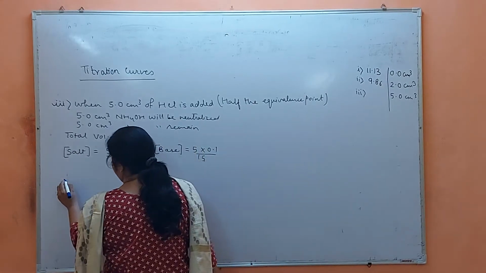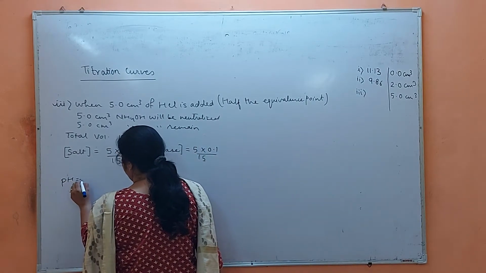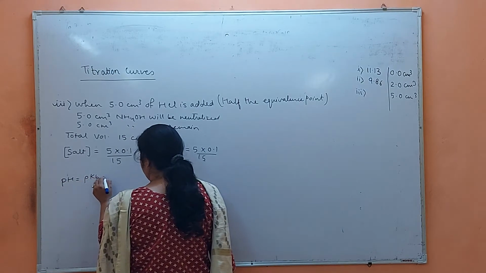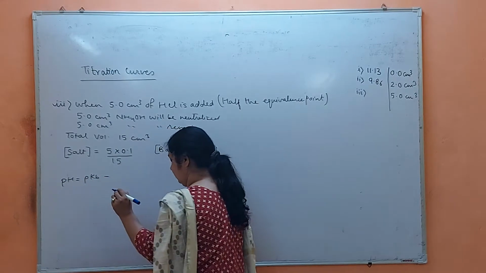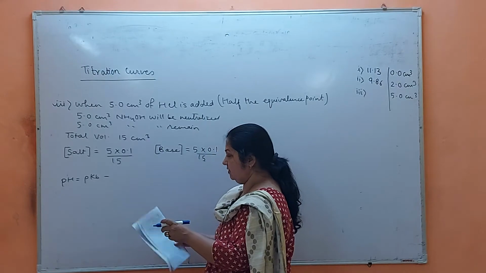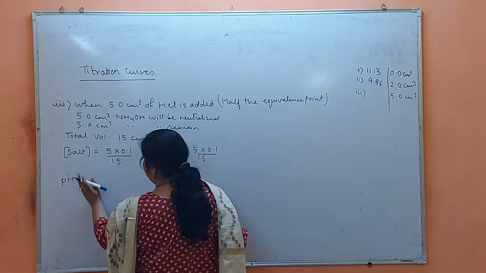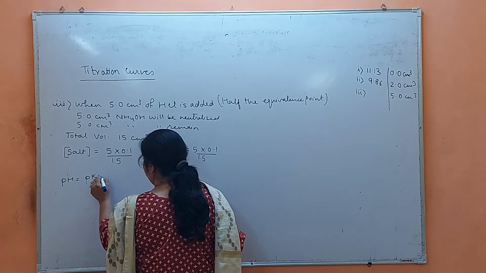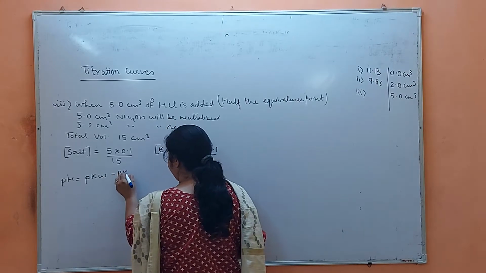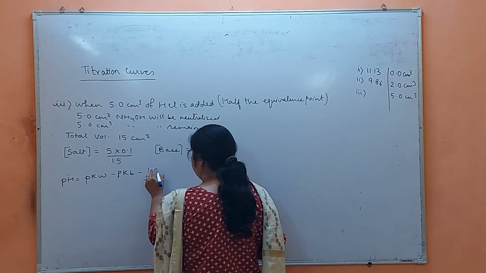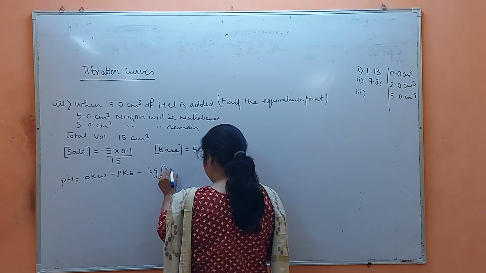and base concentration, it will be the same, 5 into 0.1 divided by 15. So now we have the equation pH is equal to pKw minus pKb minus log salt by base.